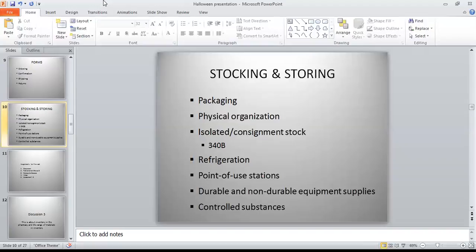Physical layout of the stock room and storage area is going to be different for your pharmacies. Some places will stock strictly alphabetically.